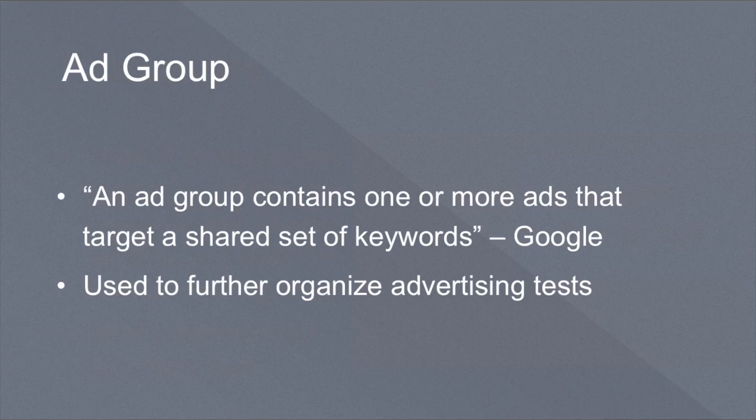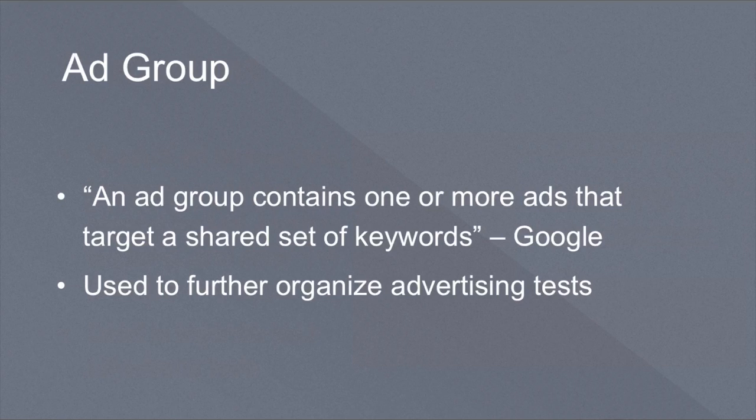This isn't a keyword group, although it is a group of keywords. It isn't a settings group or a bid group, although it has bids and settings in it. It's an ad group because this determines the ads that your customers see based on the keywords that are in the ad group. That is so important because it's all about the ad.